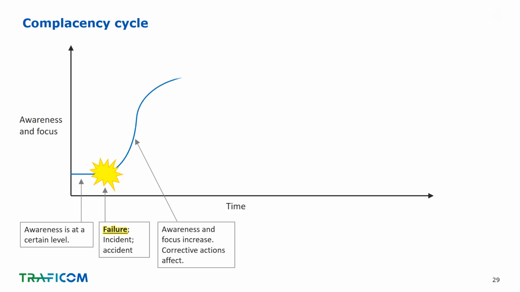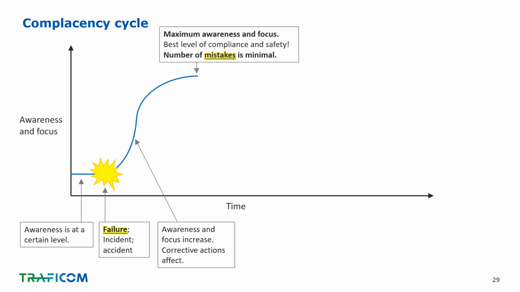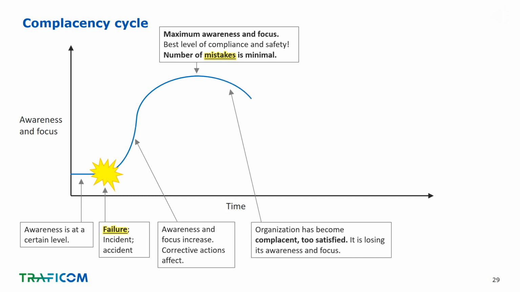After some time, we have become very focused. Due to our focus and efforts, the number of mistakes is very low. But when time goes by, it is difficult to maintain a high level of focus. When things are going well, we may become complacent, too satisfied with the situation.